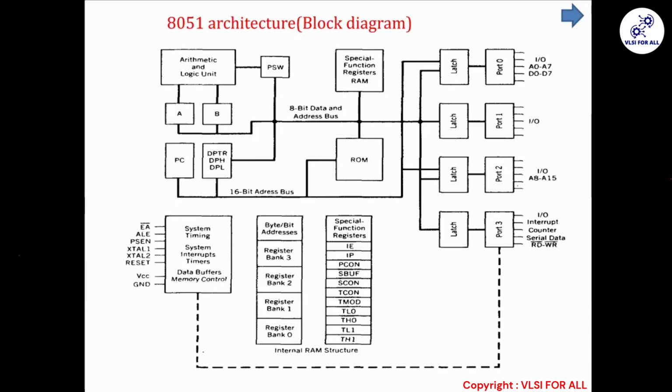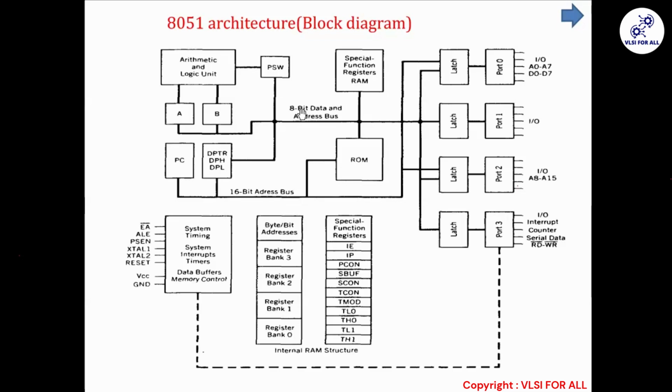You need 16 bits for addressing. And that's why, for the 16-bit address bus, your program counter and DPTR, which are dealing with the program memory, are 16-bit. Try to understand this difference also.